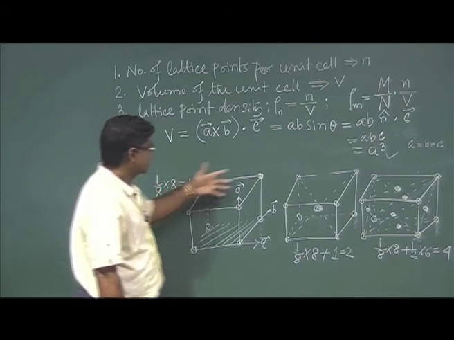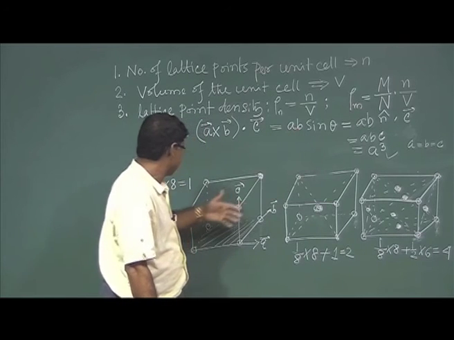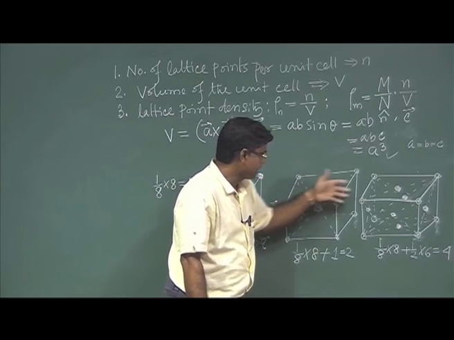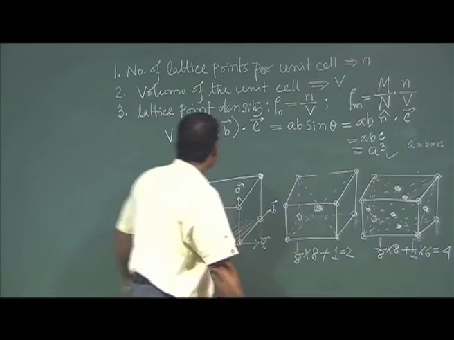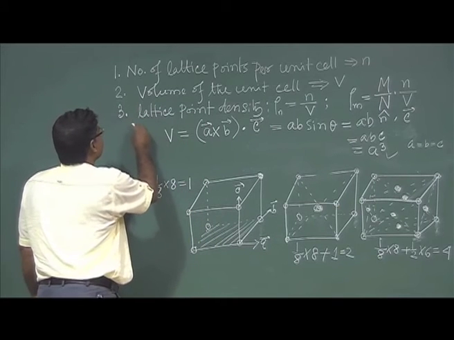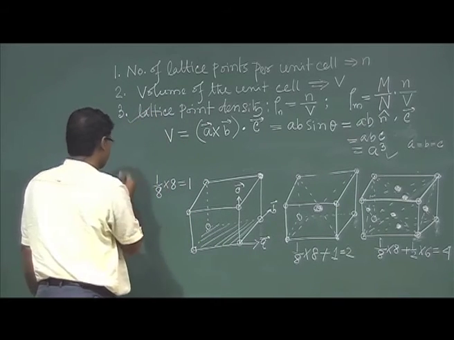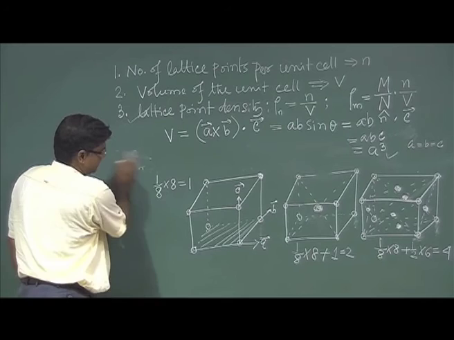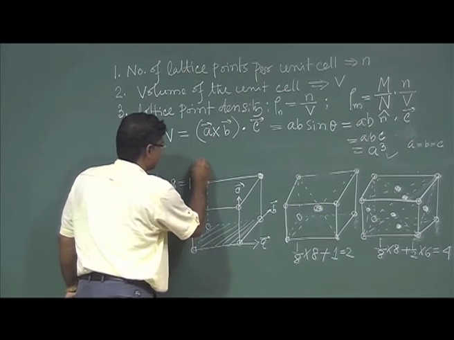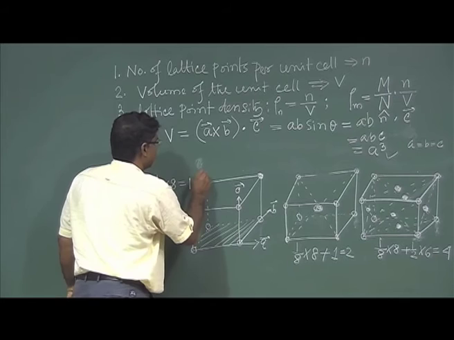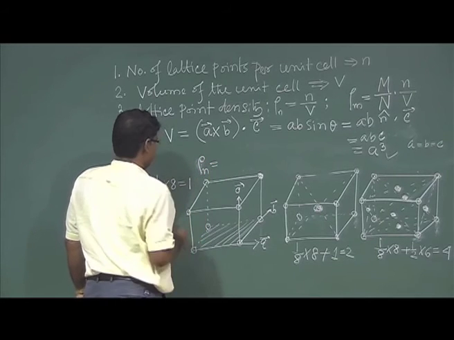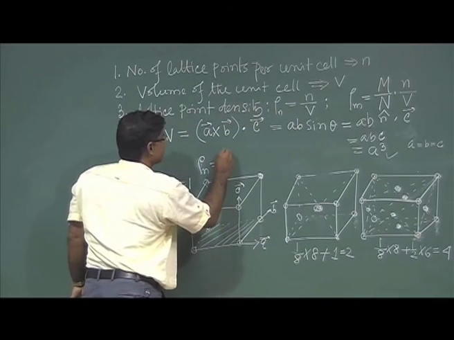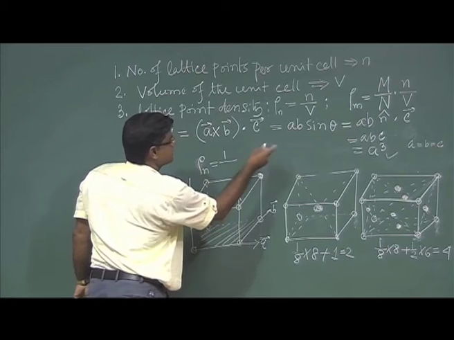Now this volume is the same for simple cubic, body centered cubic and face centered cubic, so I can easily calculate density. For simple cubic, rho n equals n by v, where n is 1 and v is A cube.